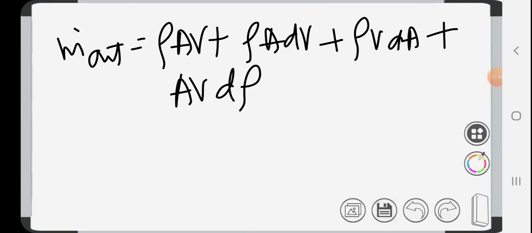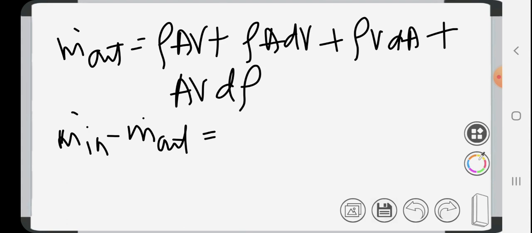And now we have to substitute this m dot in and m dot out in equation 1. Before that we have to calculate m dot in minus m dot out.